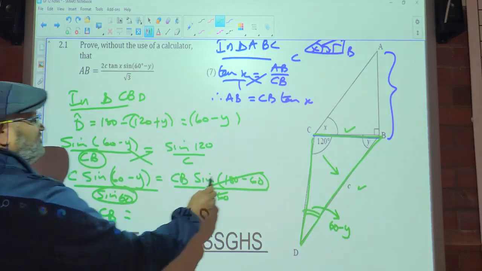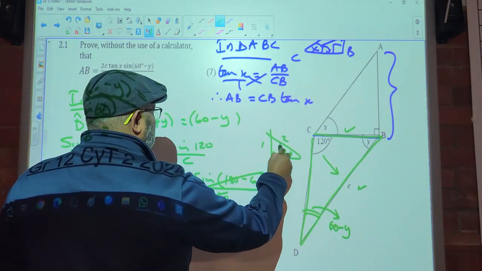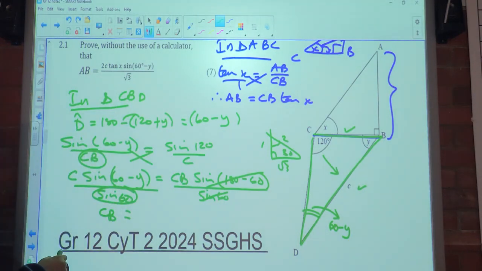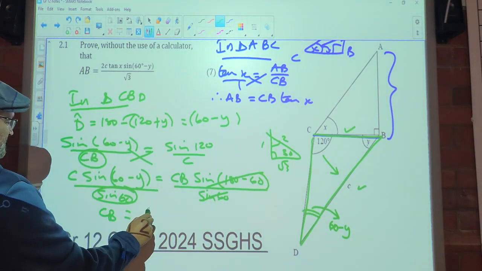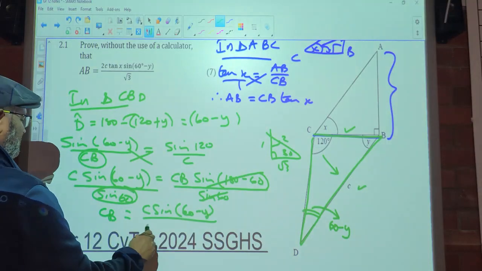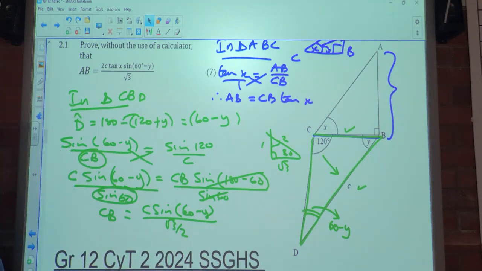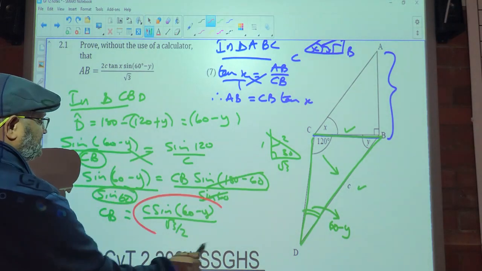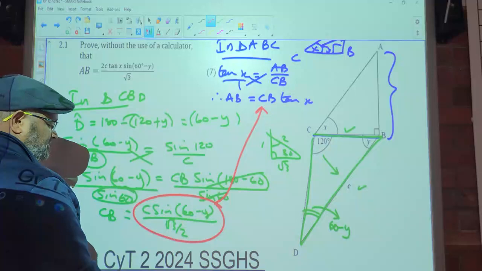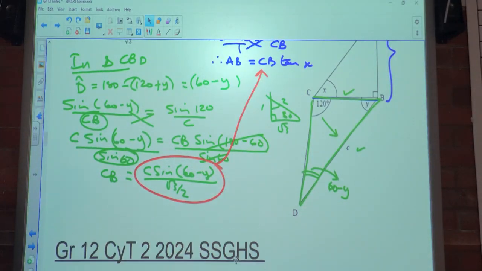Now the sine of 60, from your special triangle, is root 3 over 2. So CB is c sine of 60 minus y over root 3 over 2. Wherever I see CB now, I'm going to replace it with that.